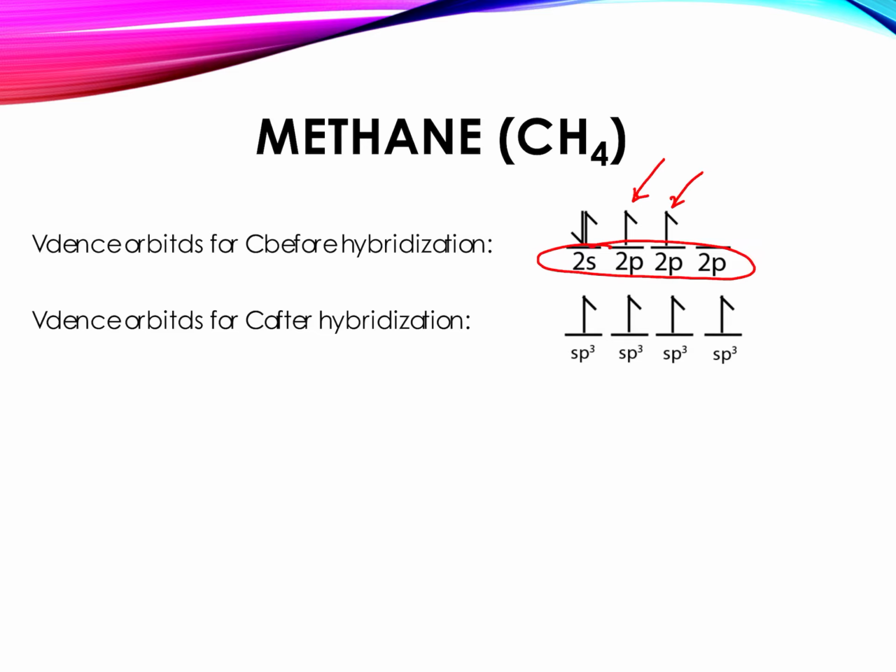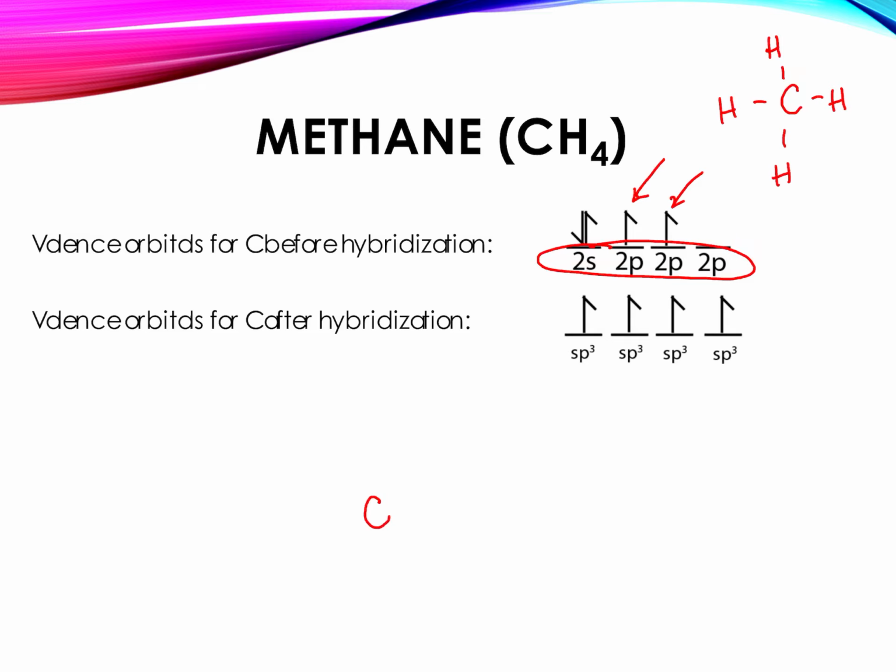The way that we're going to show this: we know that the Lewis dot structure for methane looks like this, carbon in the middle, and it makes 1 bond to each of those 4 hydrogens. The way that we're going to draw this for the flower diagrams is we put carbon in the middle, and we draw our hybrid orbitals.